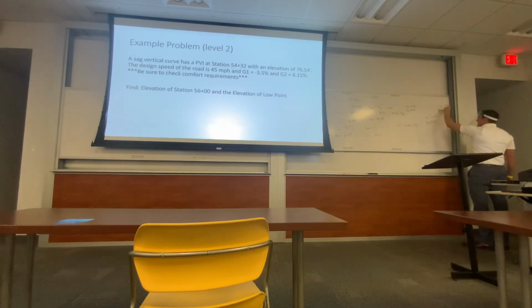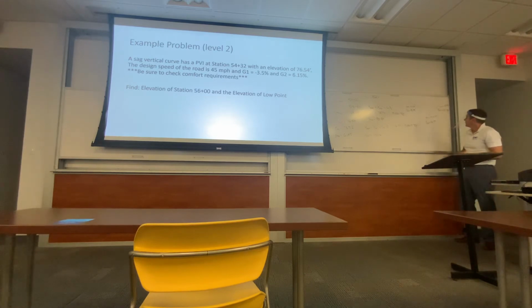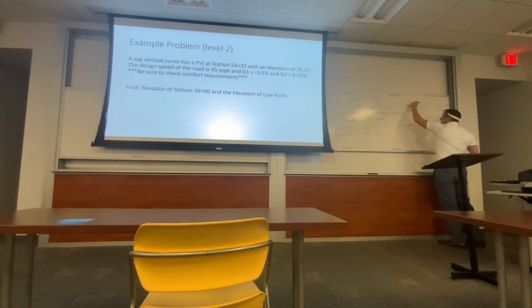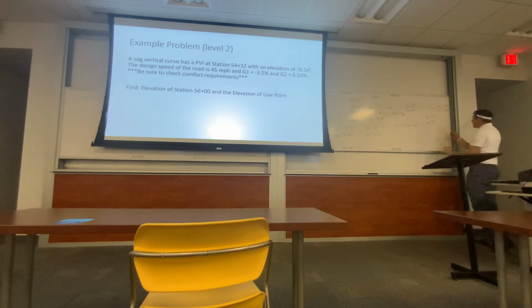All right, I gotta make sure all this stuff makes sense as we go along. Okay, so if this is at 76 and this is at 90 something, and this is at 106 something. Yeah.